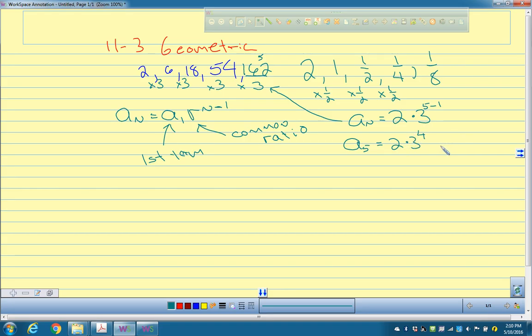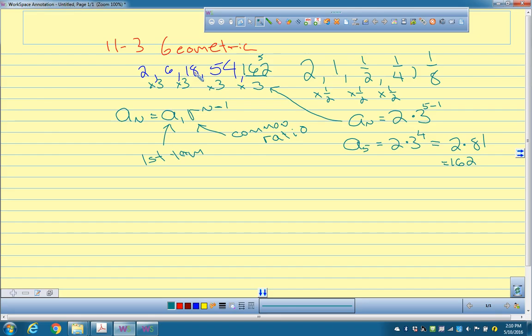You have to take 3, raise it to the 4th power, and then multiply that by 2. So it's 2 times 81, which gives you 162, which is what I got over here for that term.